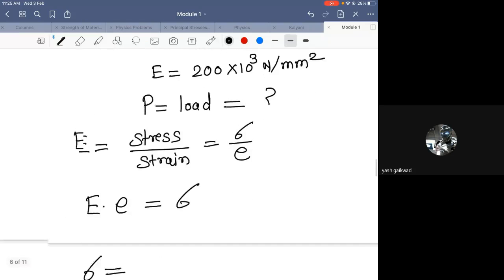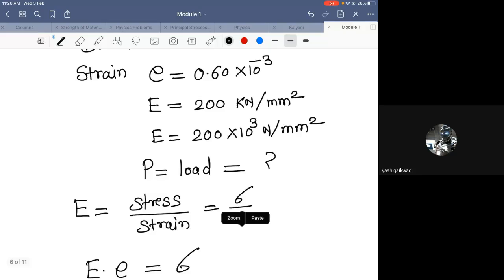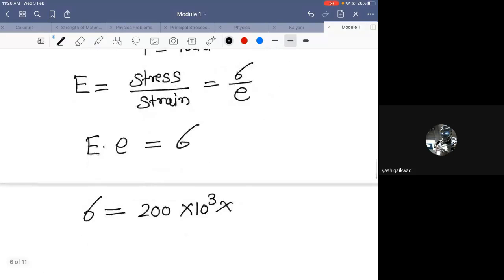Therefore, sigma, I'll put the values. Capital E is 200 into 10 to the power 3 and small e is 0.60 into 10 to the power minus 3. Calculate the stress developed in the rod and tell me the value. 120.